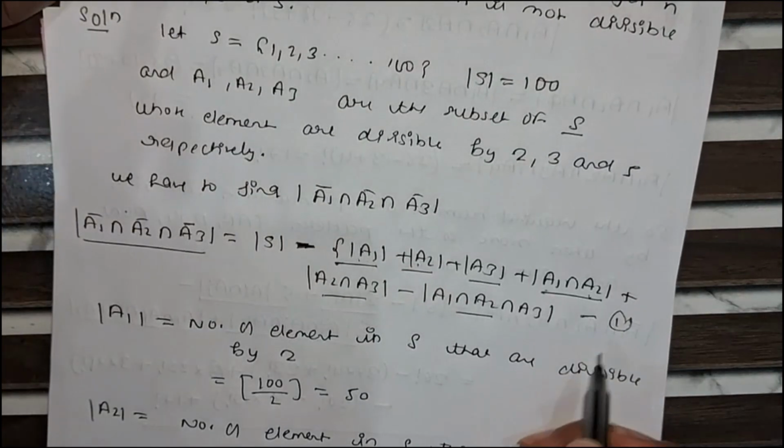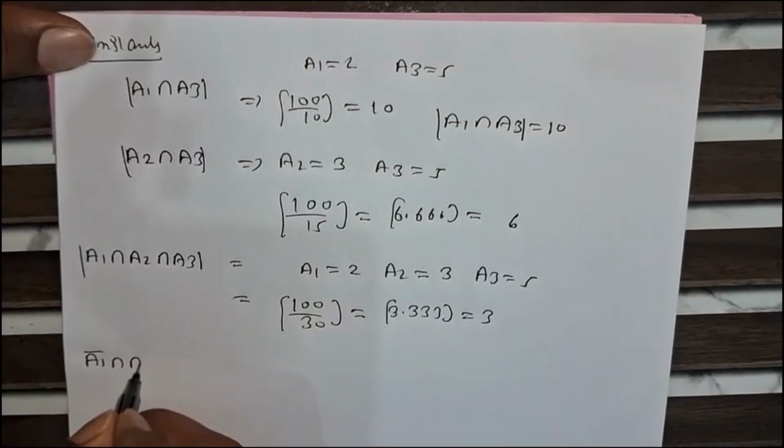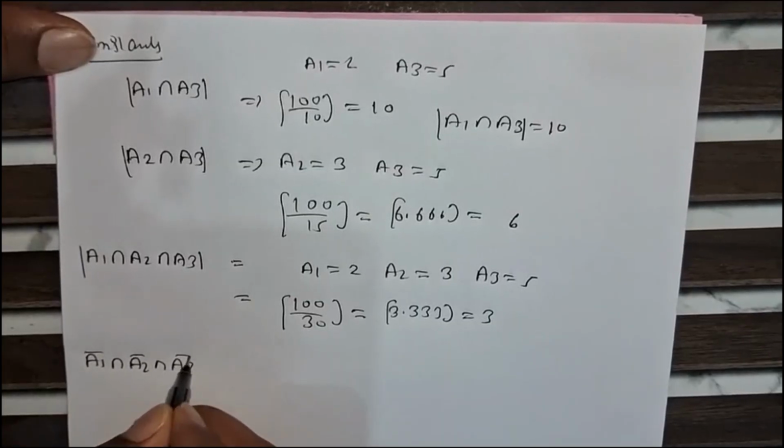So put all the values in this equation, because we have to find A1 bar intersection A2 bar intersection A3 bar.